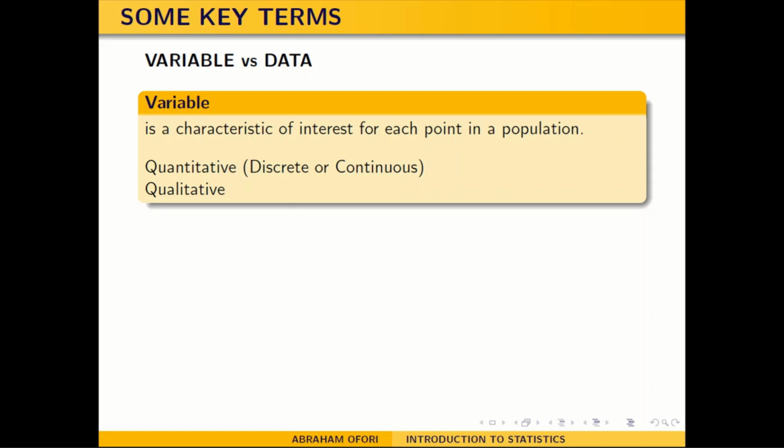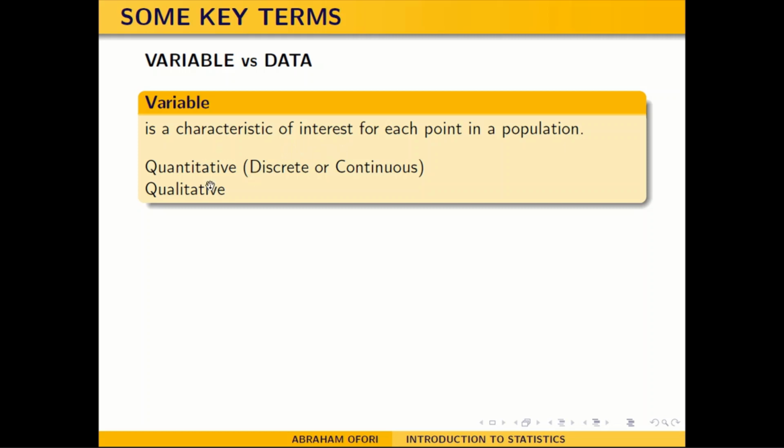That is what we are interested in, that's our characteristic here. You can go on and do a survey on the number of students who have first class in Kenya University, and so the variable here, the characteristic of interest, will become the number of first class students, right? Or the other example can be people who eat gari and beans.